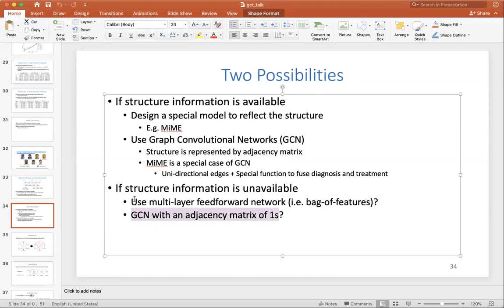So as I said, adding everything together and using the adjacency matrix of ones is essentially the same thing. You're just treating everything as connected to each other.